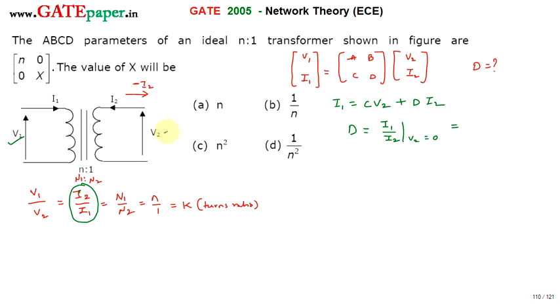So V2 is equal to 0 initially, but you are applying V1 voltage, that will induce voltage at the secondary side, depending on the transformer action. So I2 by I1 is equal to n by 1. So you can write I1 by I2 is equal to 1 by n. So the D value is 1 by n from this circuit. So the value of x is 1 by n. So the right option for this question is B.